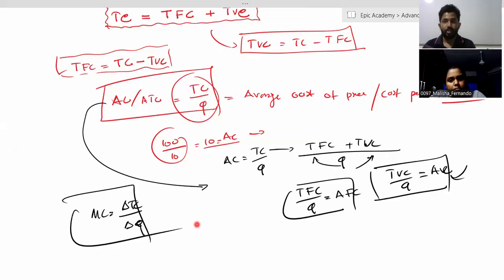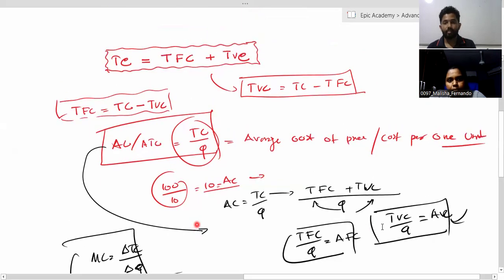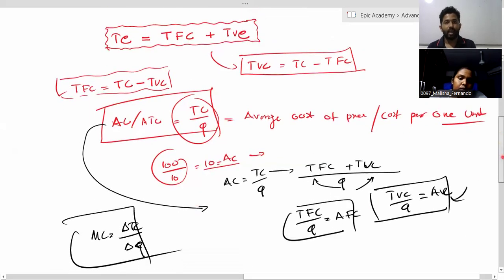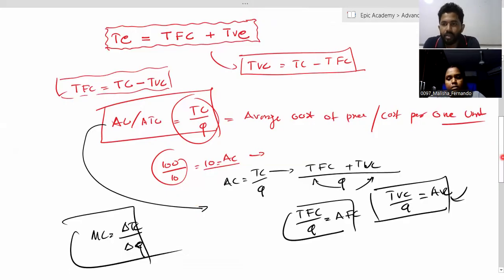Okay. Identifying these equations is very important to calculate other things. In your exam, you are not given those equations. Keep all these equations in your mind. It is not hard. Each and everything is built from the first one, TC equals TFC plus TVC.